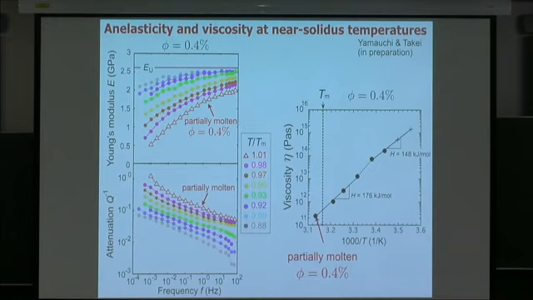So, as temperature increases, Young's modulus decreases and attenuation increases continuously. And these open triangles show the partially molten data with 0.4% melt fraction. And these horizontal lines show the unrelaxed Young's modulus measured by ultrasonic waves in the same color scheme.